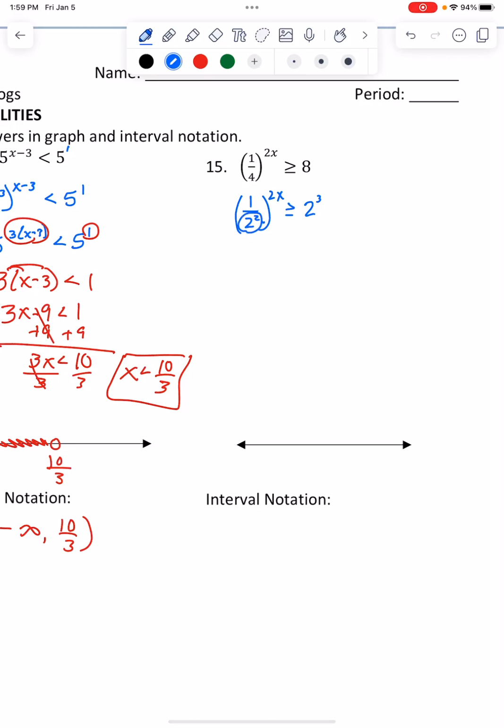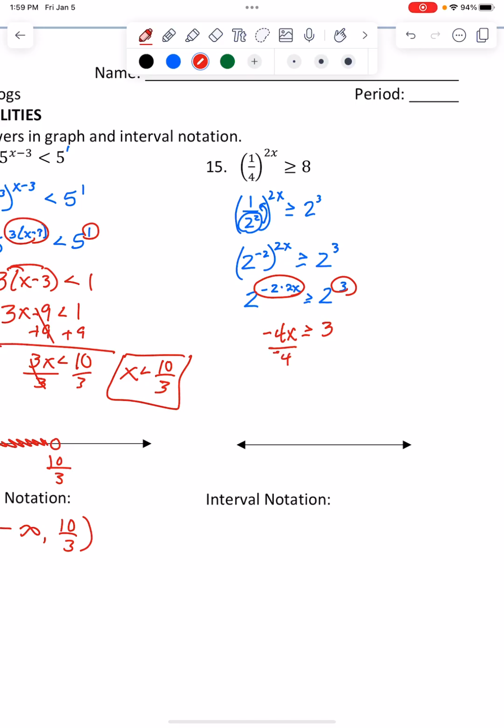So we've got to take this guy, shift it up to that numerator. That would make it 2 to the negative 2 to the 2x, greater than or equal to 2 to the third. So we take power to a power, so multiply. So now that our bases are the same, that would be negative 4x is greater than or equal to 3.